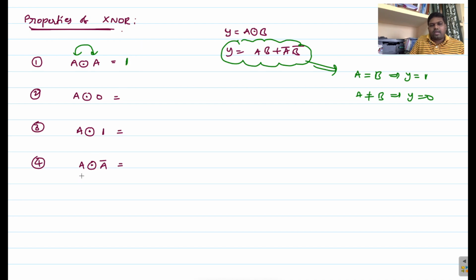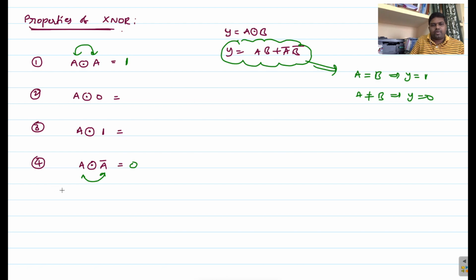Now observe the fourth expression, both the inputs are different. The first one is A and the second one is A bar. That means both inputs differ, so the output will become 0. Otherwise you can verify by substituting in the expression, no problem.